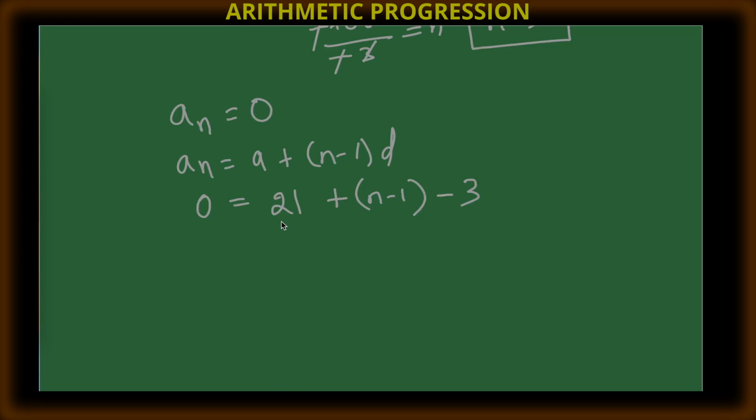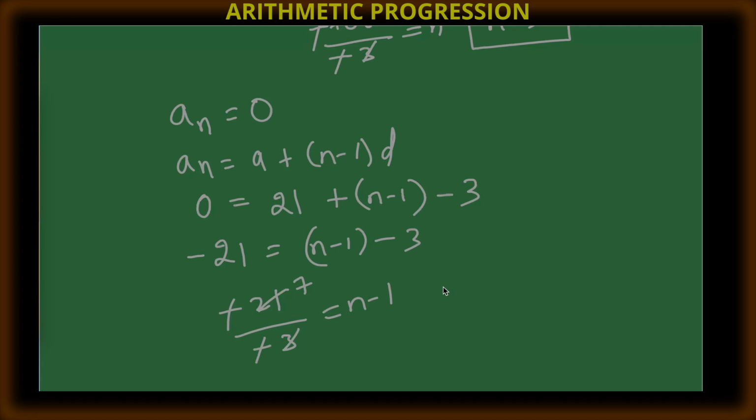So let's move this 21 towards the left side. It becomes minus 21 is equal to n minus 1 into minus 3. Bringing this 3 over here, minus 3 is equal to n minus 1, minus signs cancelled. 3 sevens are 21, so we have n minus 1 is equal to 7.